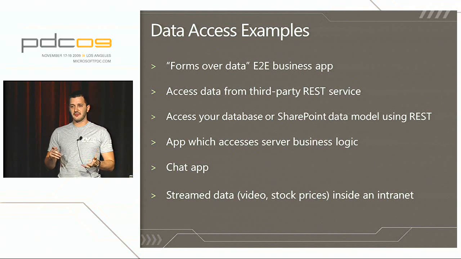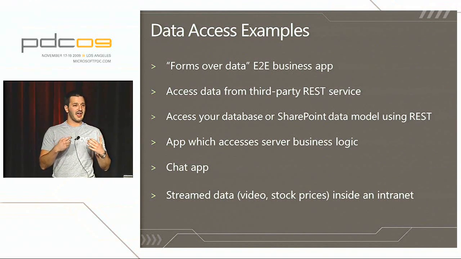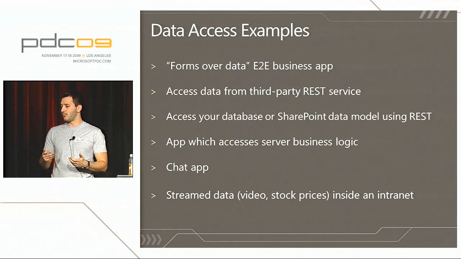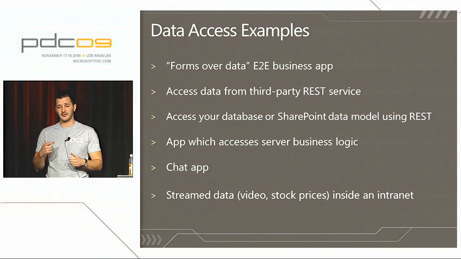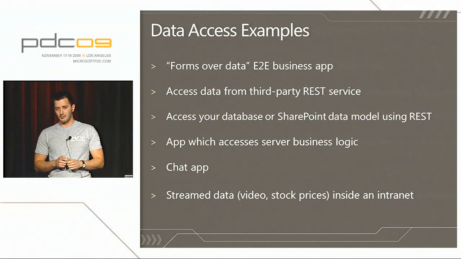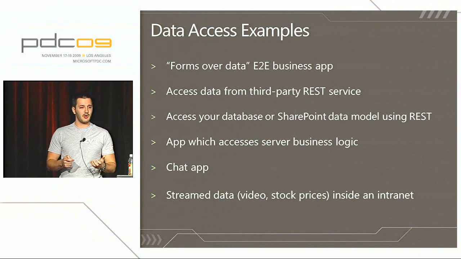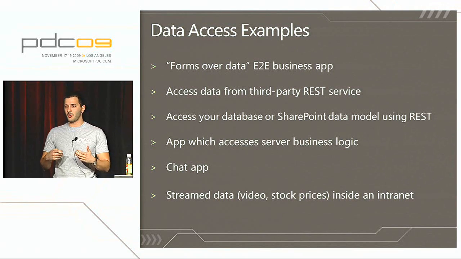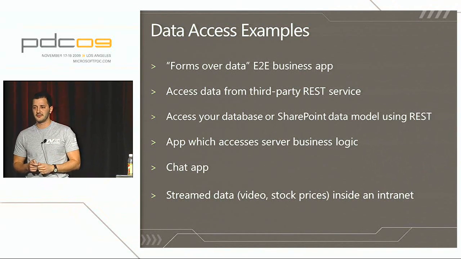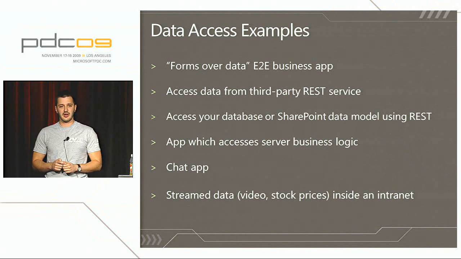Beyond that, we have kind of the canonical SOA app. We have an app which accesses server business logic over a protocol such as SOAP. Moving along, we have a chat application, and at the bottom, we have an application that streams video or some kind of data across your entire enterprise. So these are the scenarios we're going to cover today.